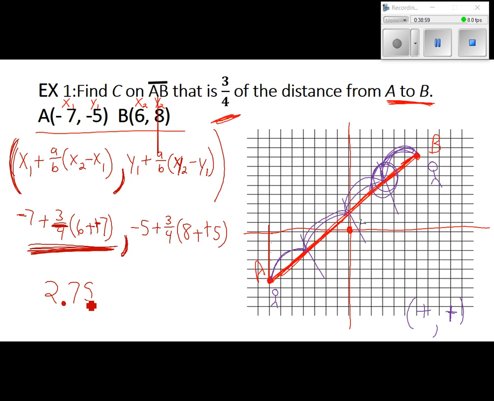What's 2.75? That's the x coordinate of the point where we're trying to get to, right? 3/4 of the way up this segment. Type all that in.